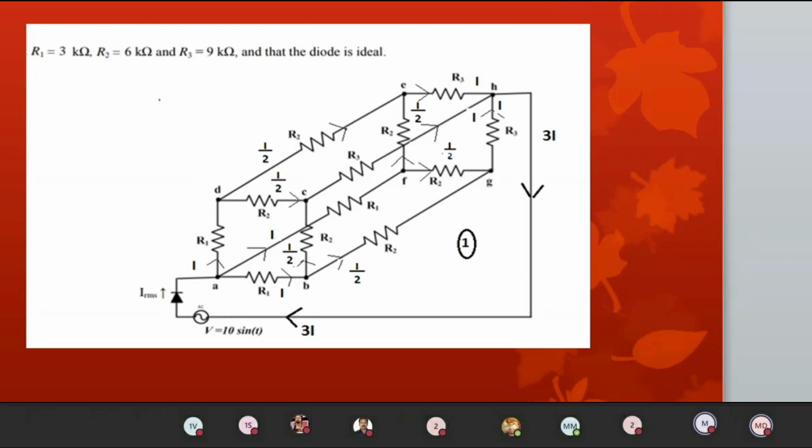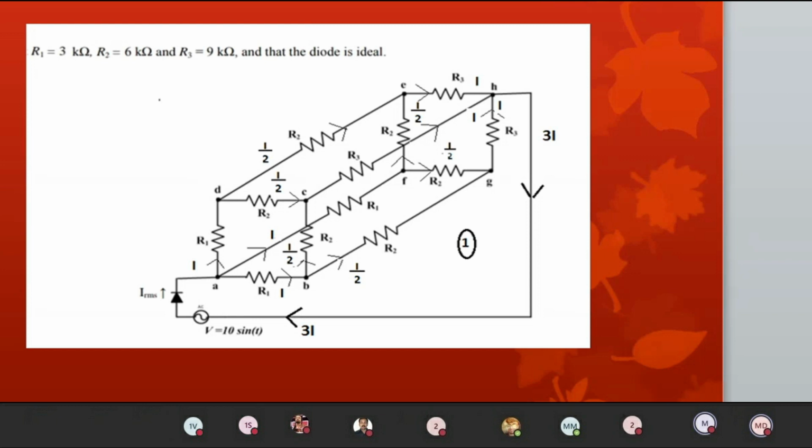Once I enters at D, it has two resistances. Luckily, both are R2 and both are the same. So it will be I by 2, I by 2. And at B, it enters two paths, both the paths are R2. So I by 2, I by 2. Right?